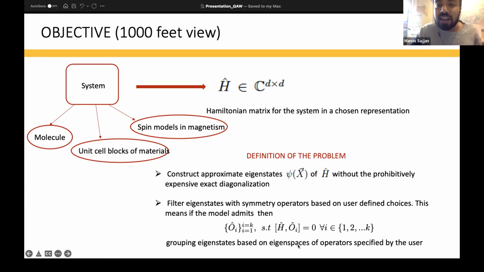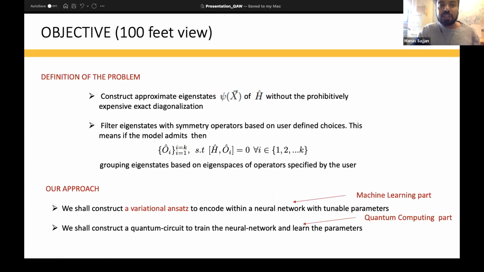So that's the definition of the problem that we're after. The approach which we are going to take is this. We're going to construct a variational ansatz which is going to encode the state onto a neural network. So that's the machine learning component. And we're also going to train the ansatz by using a quantum circuit. So that's the quantum computing component.